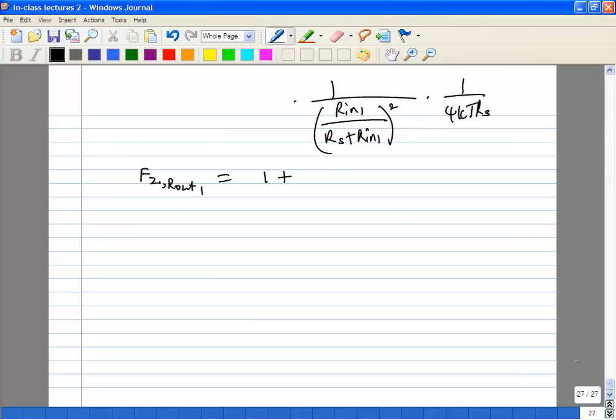It's 1 plus... Right? This is the noise figure of the second stage with respect to the source impedance driving it.